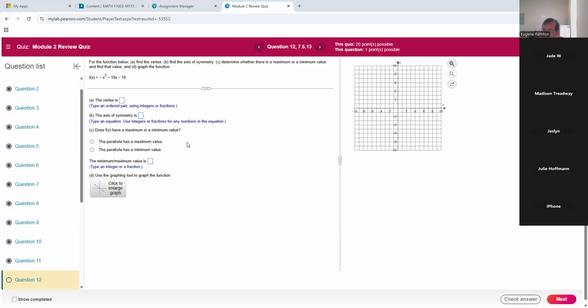All right, y'all. So this is the same thing. It's another vertex. F of x equals -x squared minus 10x minus 19. Same thing on this one, okay? So let's go play with this one.